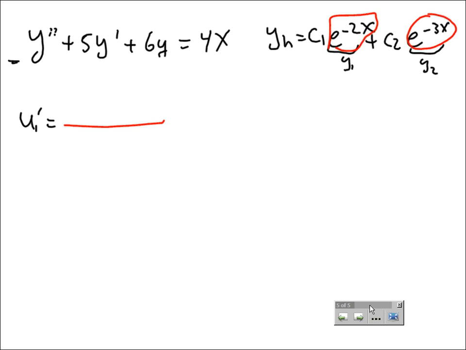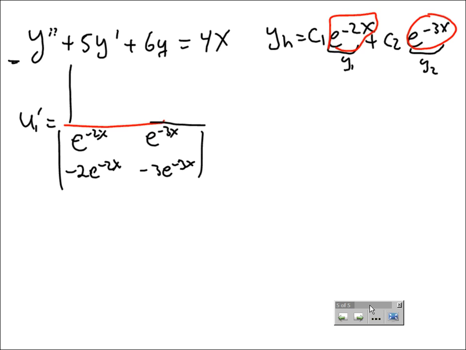So in the bottom, we're going to have e to the negative 2x along with its derivative. And underneath, I'm going to have e to the negative 3x, and underneath we put its derivative. And we take the determinant of that. In the top, since the subscript there is 1, for column 1, I put 0, 4x. In the second column, I put y2 and the derivative of y2.